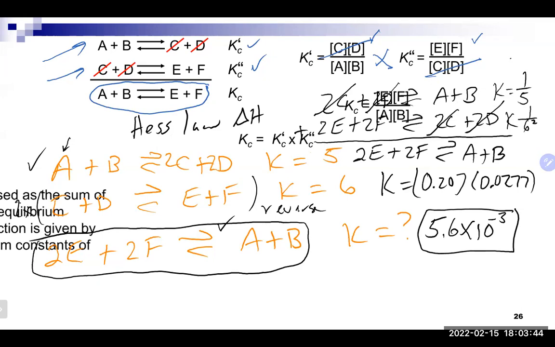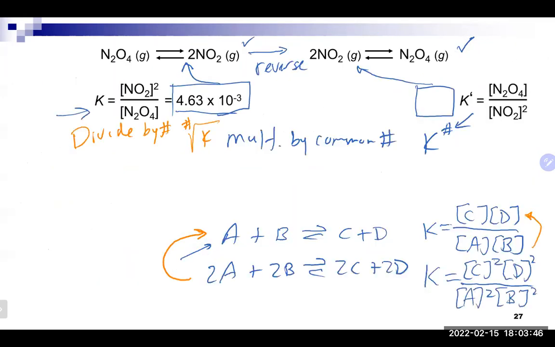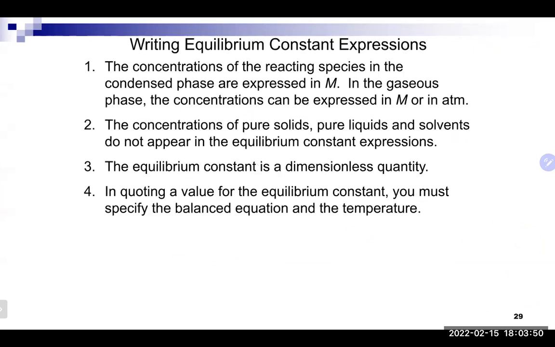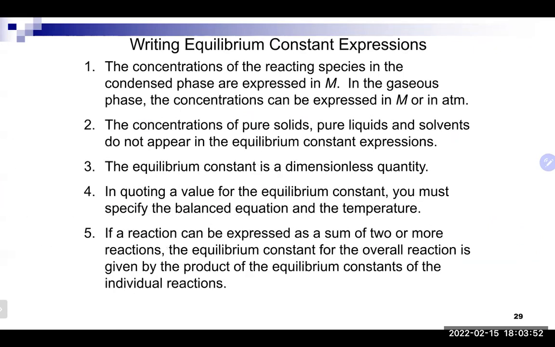All right, so let's go this way here. As we saw, typically when we write the equilibrium expression, we want to leave out anything that's a solid or a liquid. It is just a number, and typically we write our Kc or our Kp value, depending on whether you have concentrations or pressures.